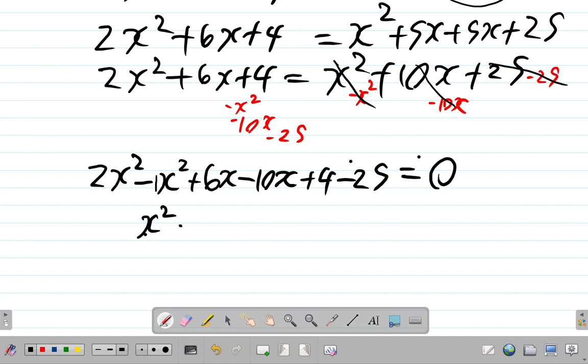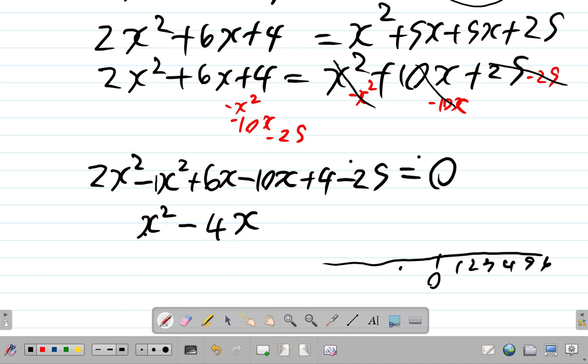That will be negative 4x. You need to remember your number line, and how you add and subtract with it. On the number line, if you have 6 and you minus 10, you go to the left 1, 2, 3, 4, 5, 6, 7, 8, 9, 10 places. You end up at negative 4, right?